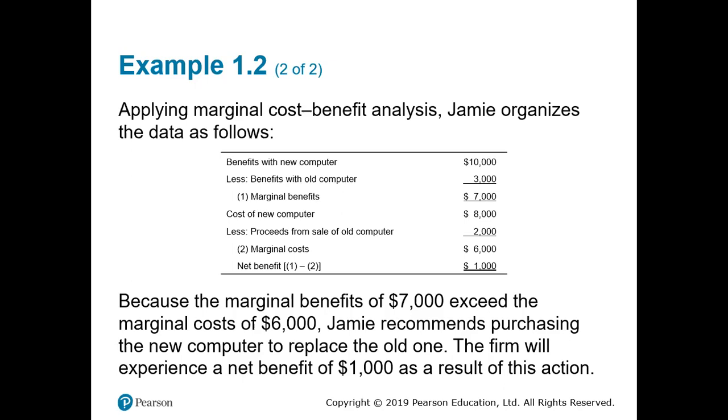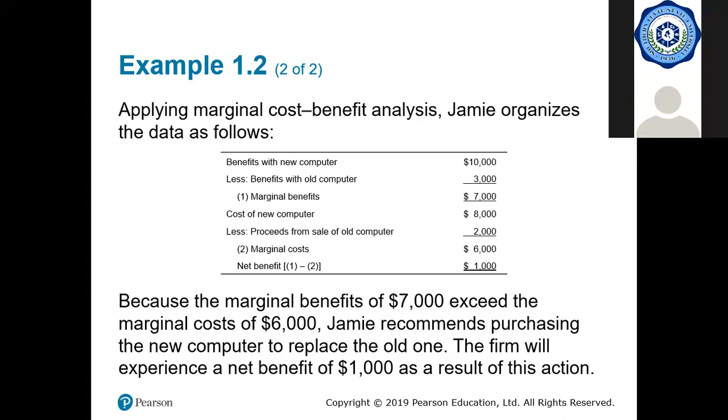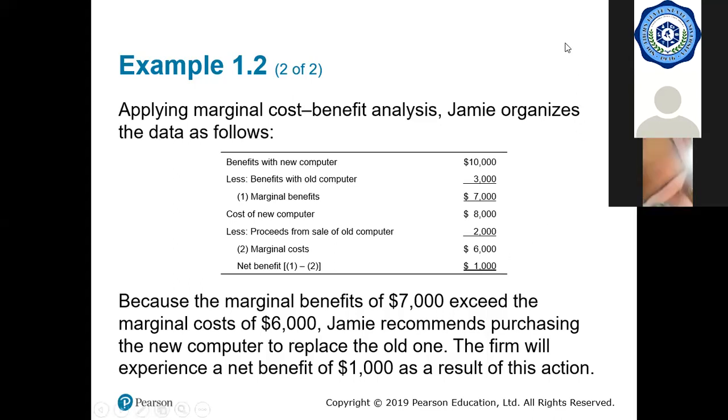So just like this, they are studying whether they are really going to replace or really going to buy a new computer, by taking into consideration the application of marginal cost benefit analysis.